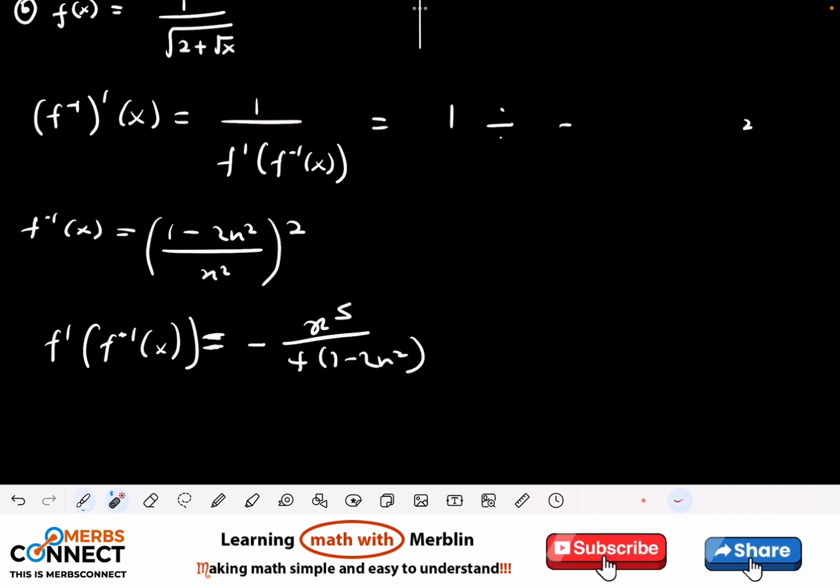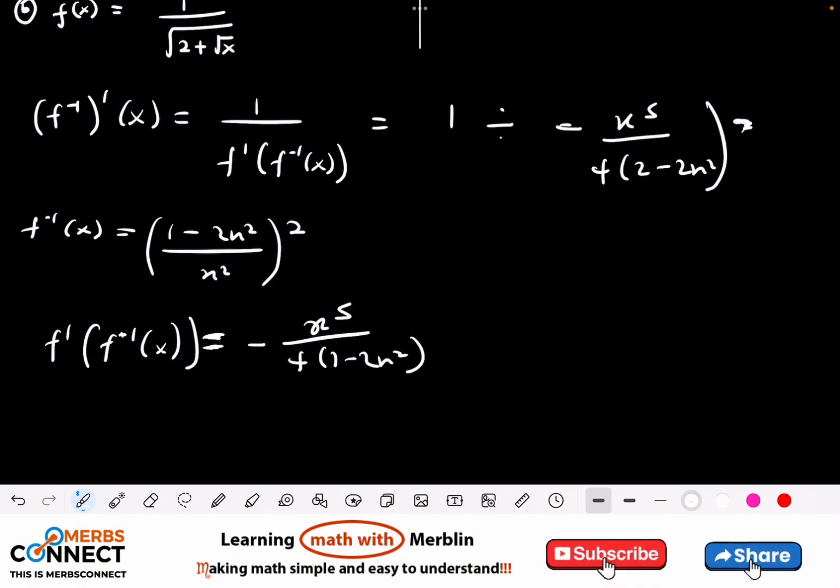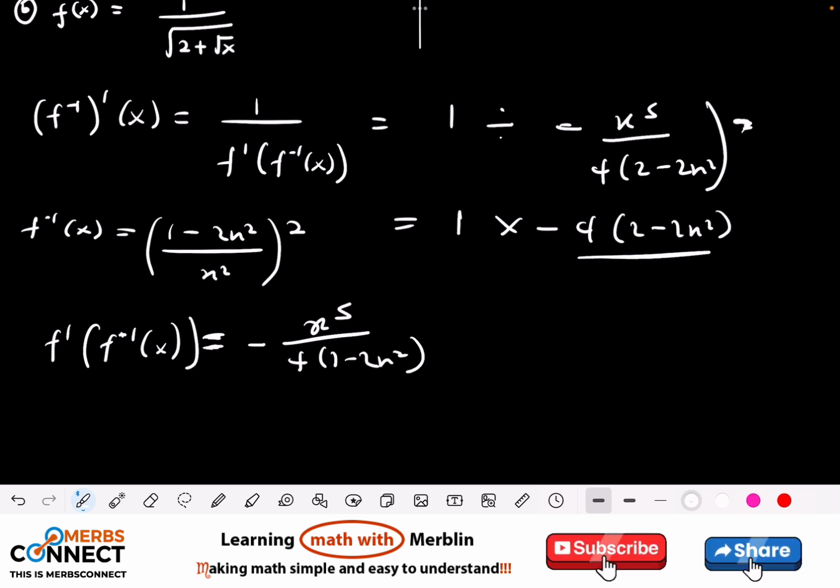So I'll have minus x to the power 5 divided by 4 times 1 minus 2x squared, right? This is not part, so don't look at it. Okay. So this is going to be 1 times -4 times 1 minus 2x squared divided by x to the power 5.